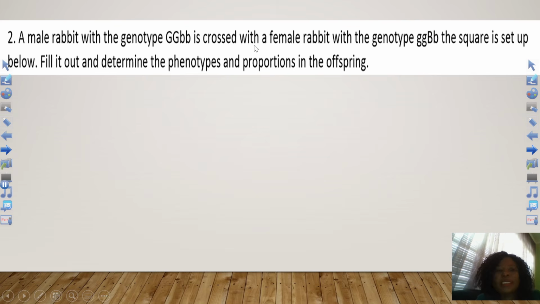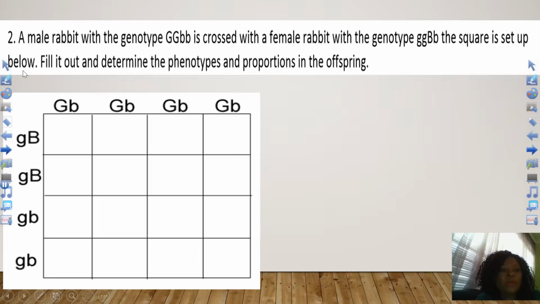And then this Punnett square is set up below, as you can see there. And it says you must fill it out and determine the phenotypes as well as the proportions in the offspring. Remember, in the exam guidelines, it says we must look at the ratios or the proportions of the genotypes and the proportions of the phenotypes. So this question is asking you to do exactly that.